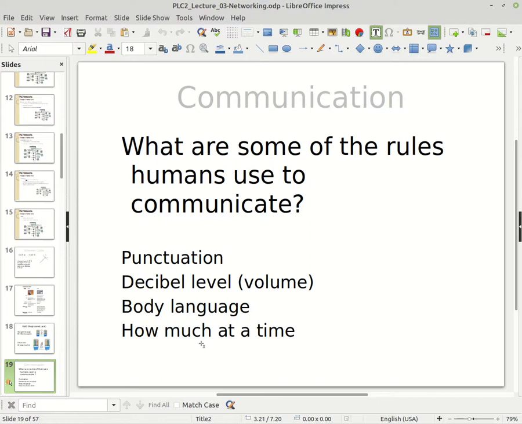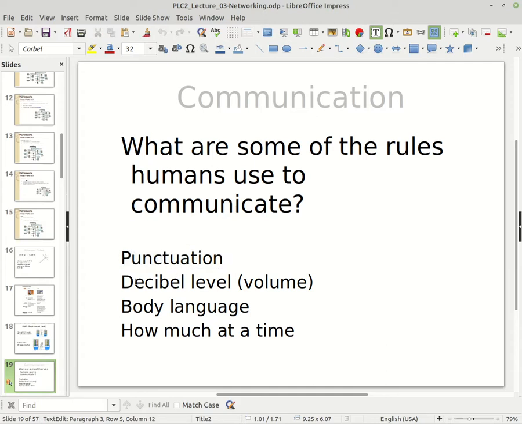All right, so when we talk about communications, the first thing we need to do is think about various different rules. Depending on what kind of communication you're going to do, you may have punctuation. Obviously, if we have written language, we have punctuation.